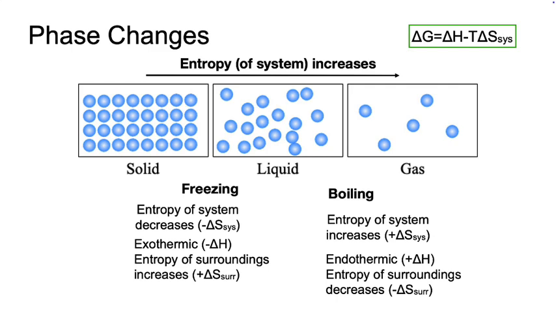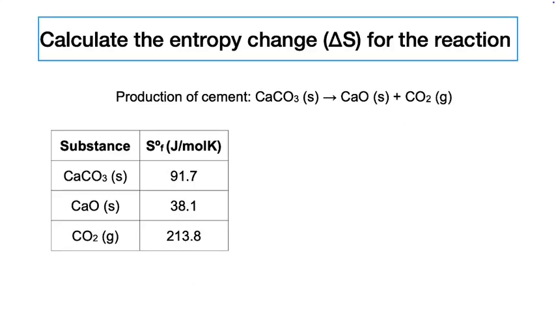And since nobody loves just general thought games, let's go ahead and do a calculation. Hooray, calculations. Calculate the entropy change for this reaction. A little bit of review. To put us all on equal ground, how do we do it?